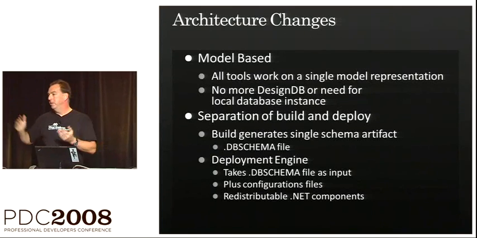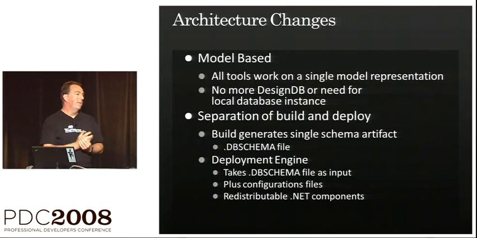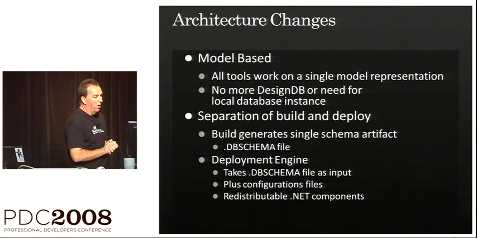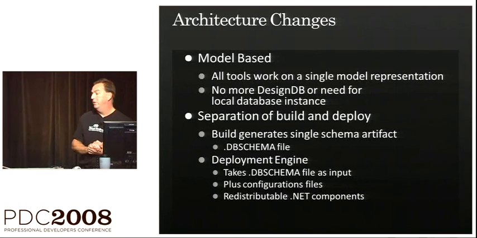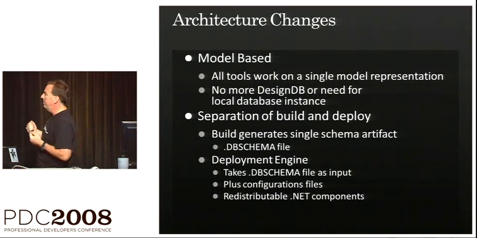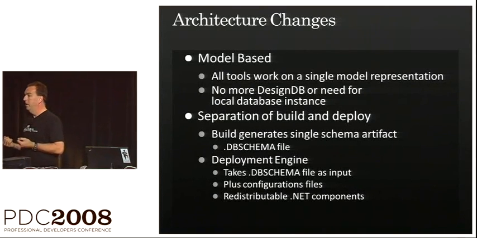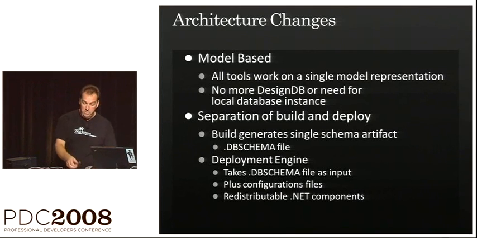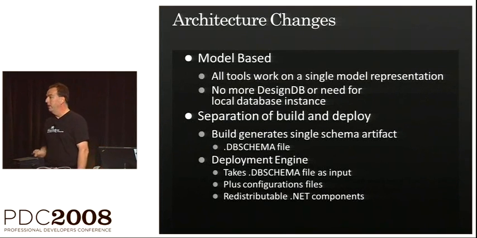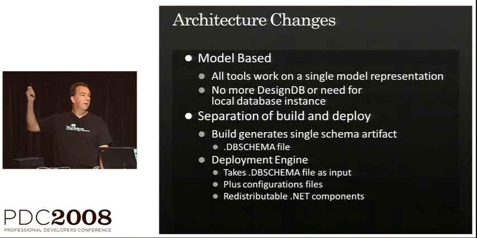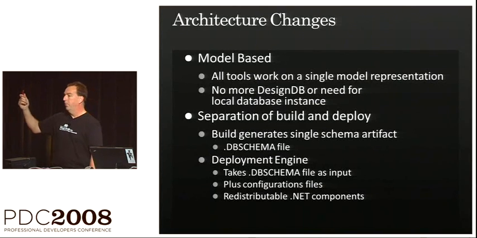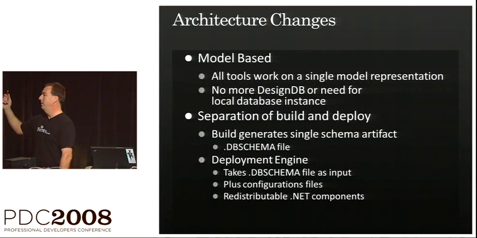My file path is different. All these things can be parameterized and fed into the deployment engine. And the deployment engine is a set of .NET assemblies which are 100% redistributable. So the goal, and I will show you in a moment, is that you can put your deployment on a memory stick, walk up to a server, and do a deployment outside of Visual Studio.